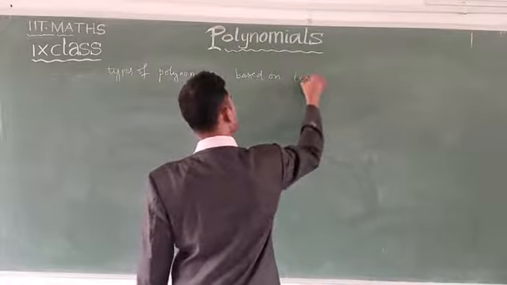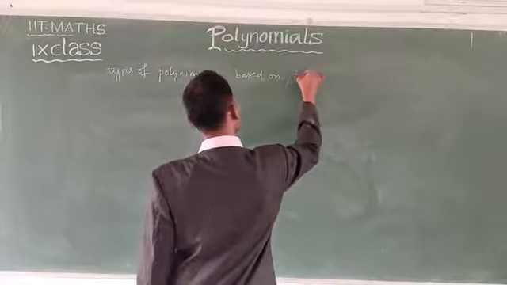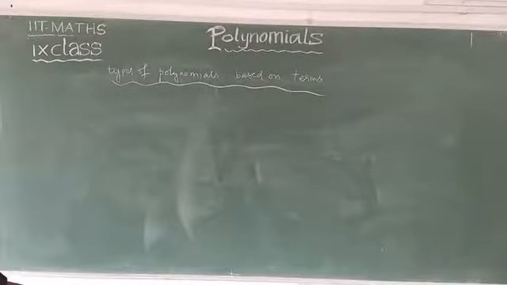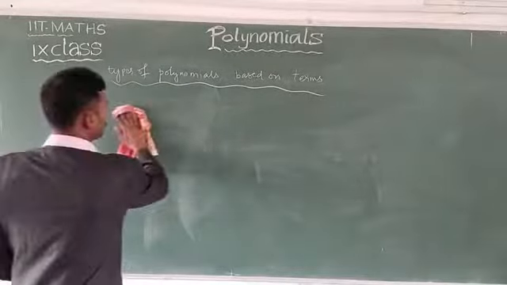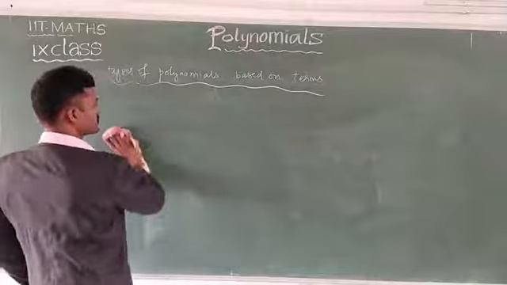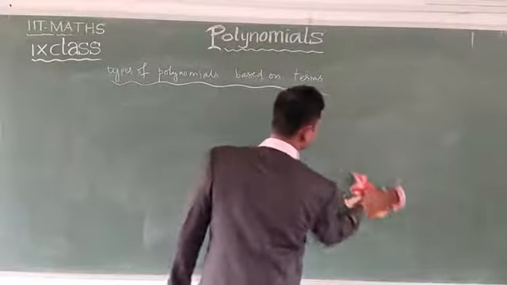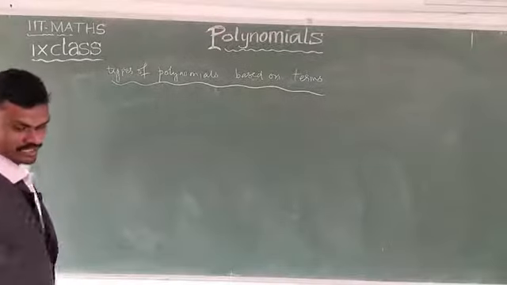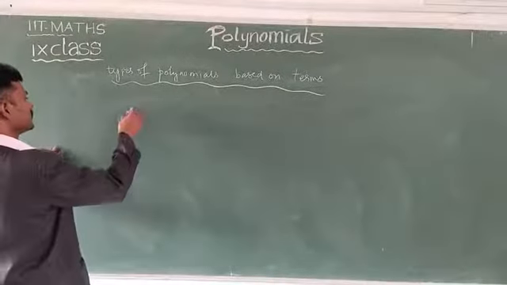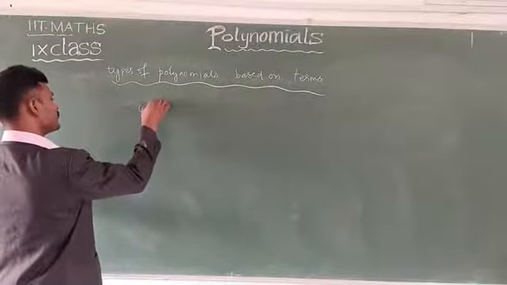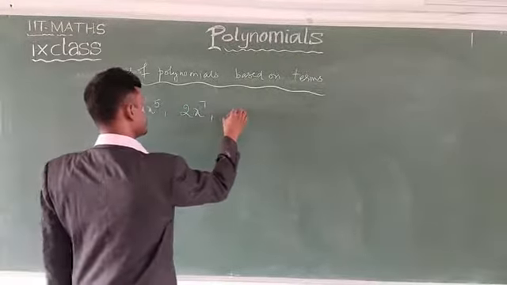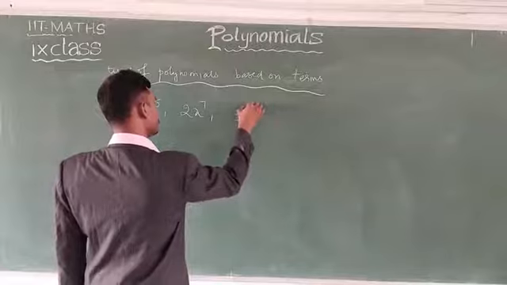First, based on terms. Here only one term given means that is called a monomial. 2 terms means binomial. 3 terms means trinomial. See here, a x to the power of 5, and 2x power 7, and 3t power 8.